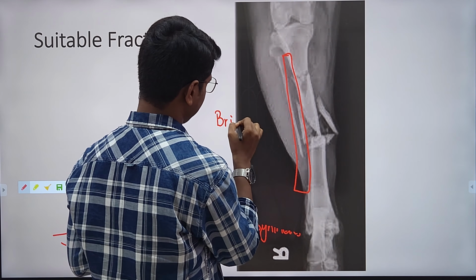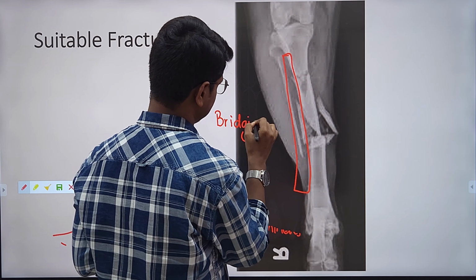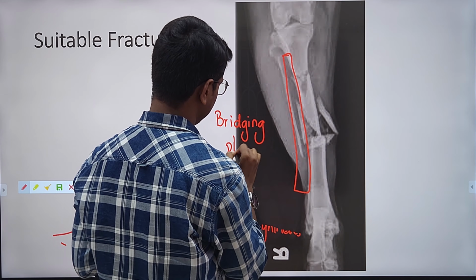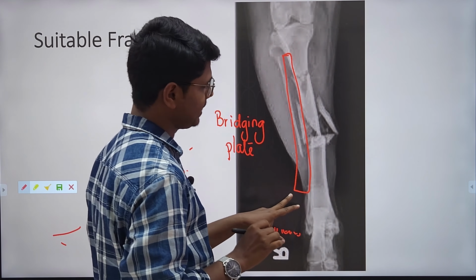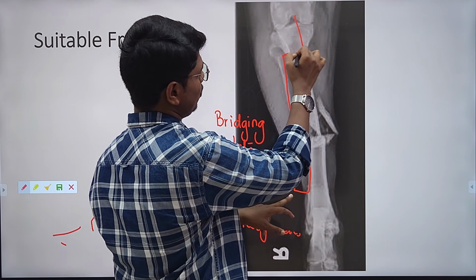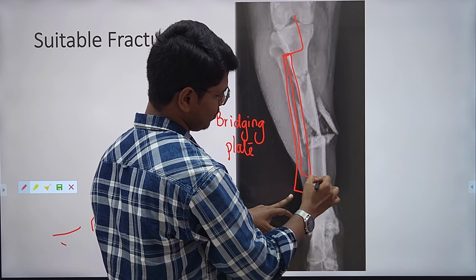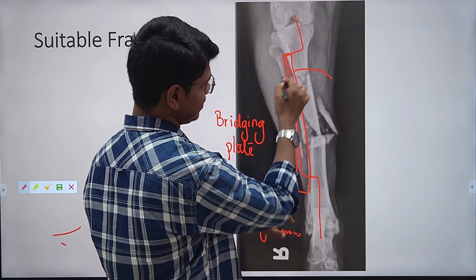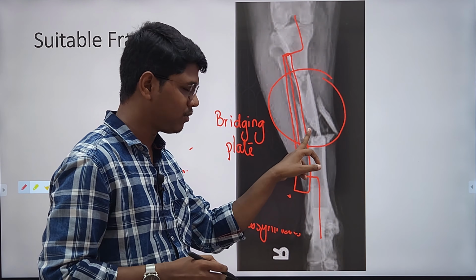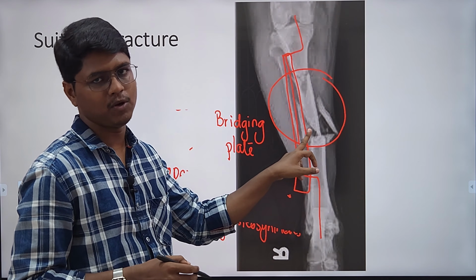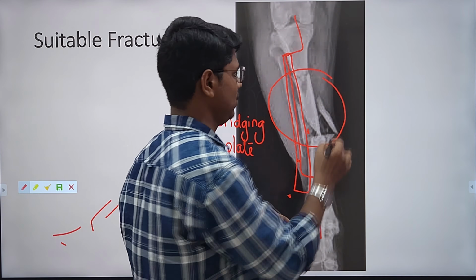I have discussed this bridging plate in the first class. The name bridging plate is given because it acts as a bridge to transfer the axial load pressure from the proximal segment to the distal segment. It will bypass this particular area. So when this area is not disturbed, there will be osteosynthesis.